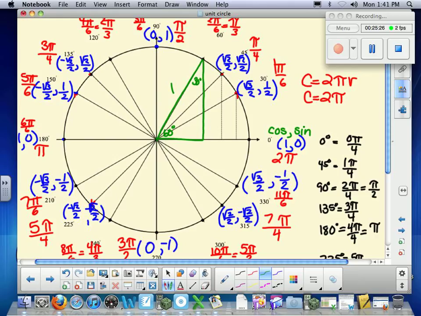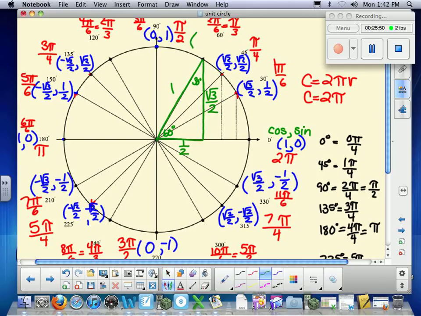So how long is this x value? 1/2. How long is my y value, or my height? Square root of 3/2. So it should be just the opposite. It is. It's exactly the opposite of what you put for 30s, including the signs. How crazy easy is that?